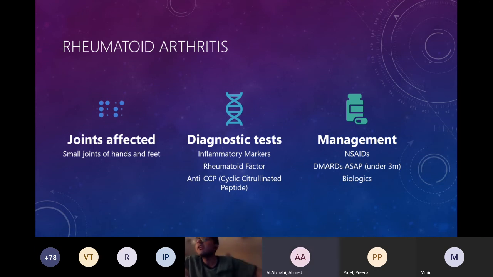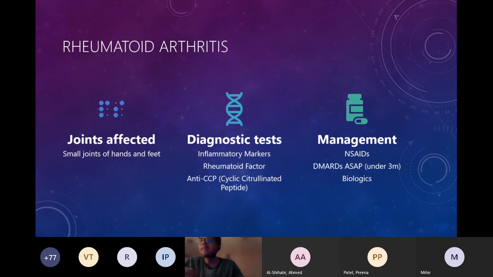Diagnostic tests. What investigations are you going to do? Start cheap. They're not cheap. None of these are cheap. Yes, inflammatory markers. You're going to do rheumatoid factor, and you're going to do anti-CCP.